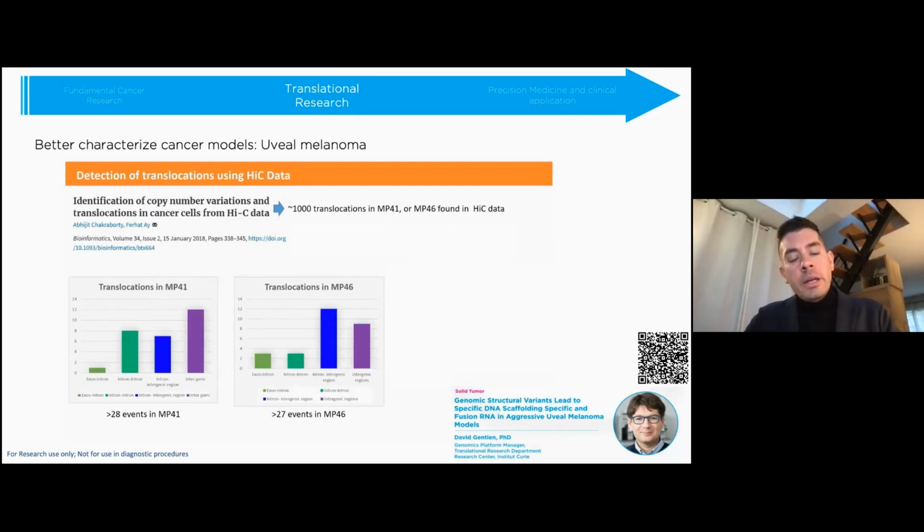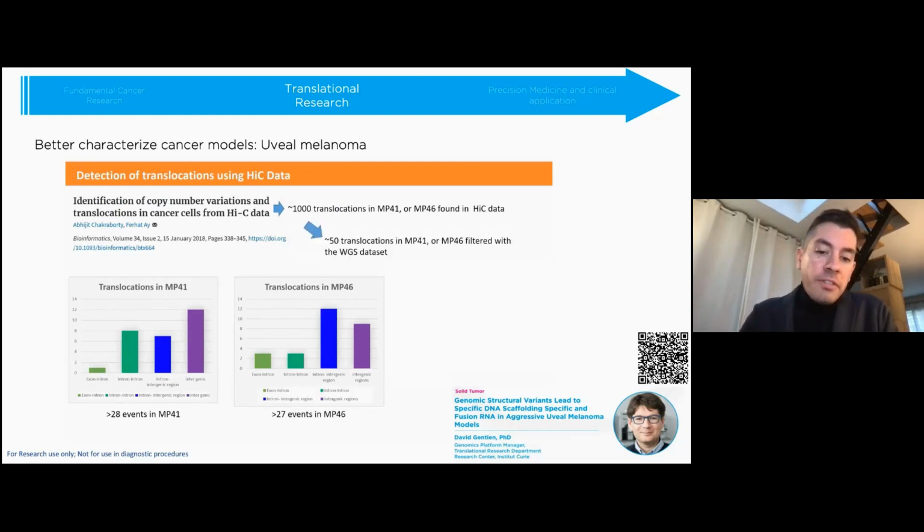So in an effort to better characterize uveal melanoma models, the group of David Gentien at the Curie Institute in Paris used Hi-C, RNA sequencing and optical mapping to identify structural variation leading to fusion genes. Over 1,000 translocations were predicted by Hi-C data in the two models they used, MP41 and MP46.